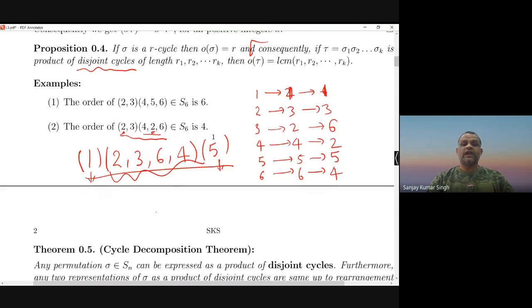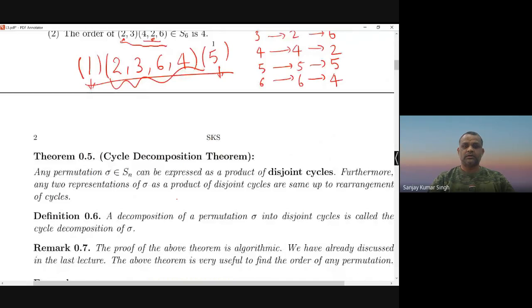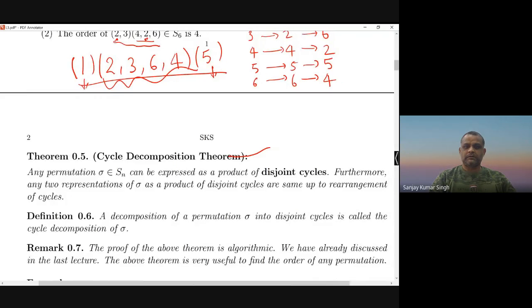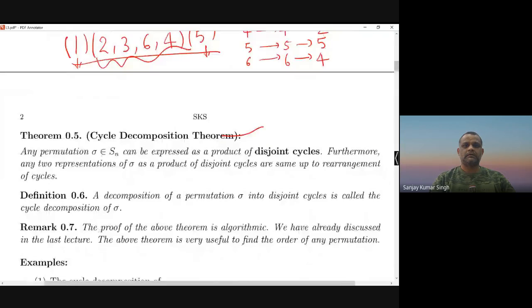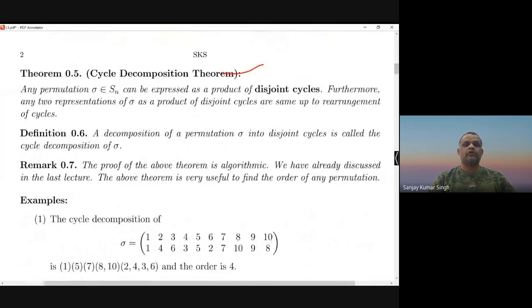So now I have also explained how to write any permutation as a product of these. This is basically related to cycle decomposition of any permutation. Any permutation sigma in Sn can be expressed as a product of disjoint cycles.